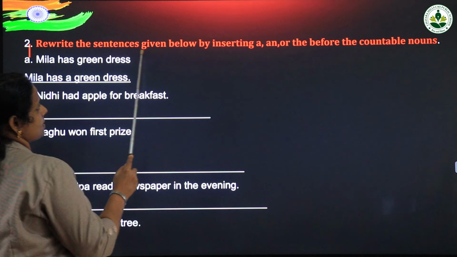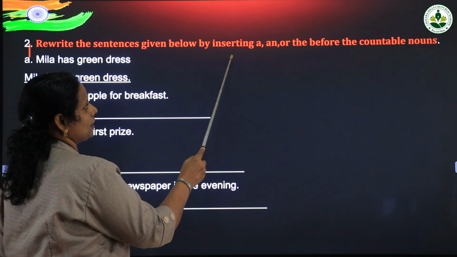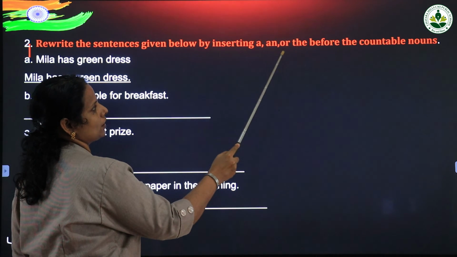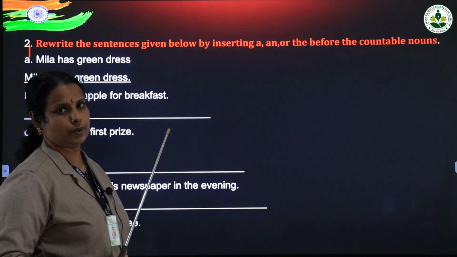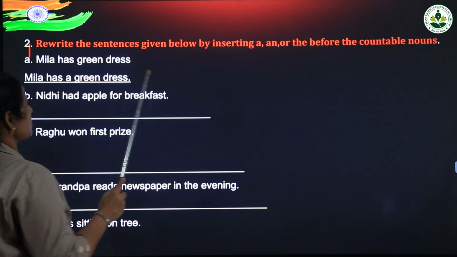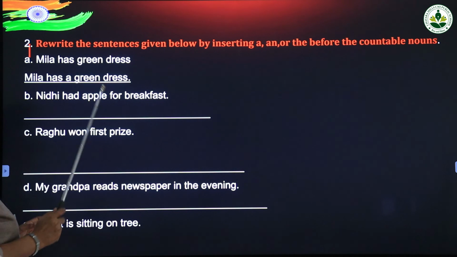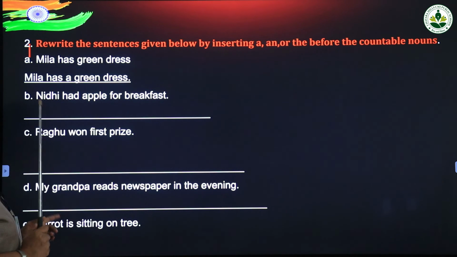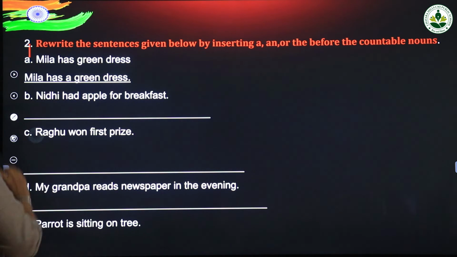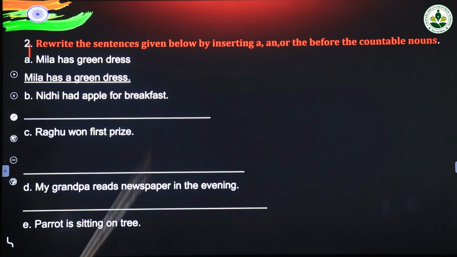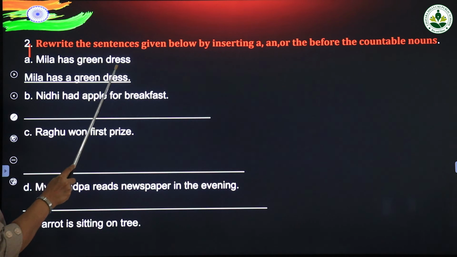Then next, another exercise, page number 18. Rewrite the sentences given below by inserting a, an or the before the countable nouns. So here some sentences are given, and you have to add a, an or the before the countable nouns. The first sentence you see, Mila has green dress.